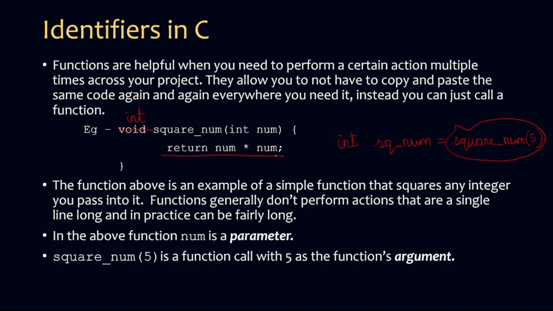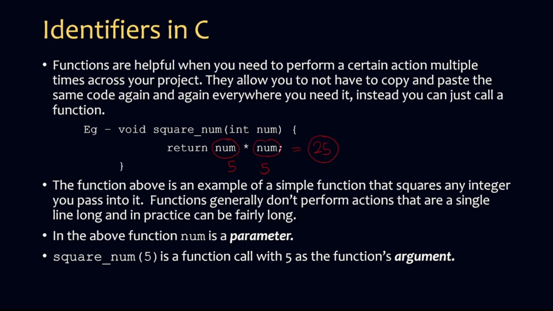5. So now what will square num 5 return, right? What is the value of num here? The value of num here is 5, right? So basically this into this, 5 into 5. So it will return 25. Okay.